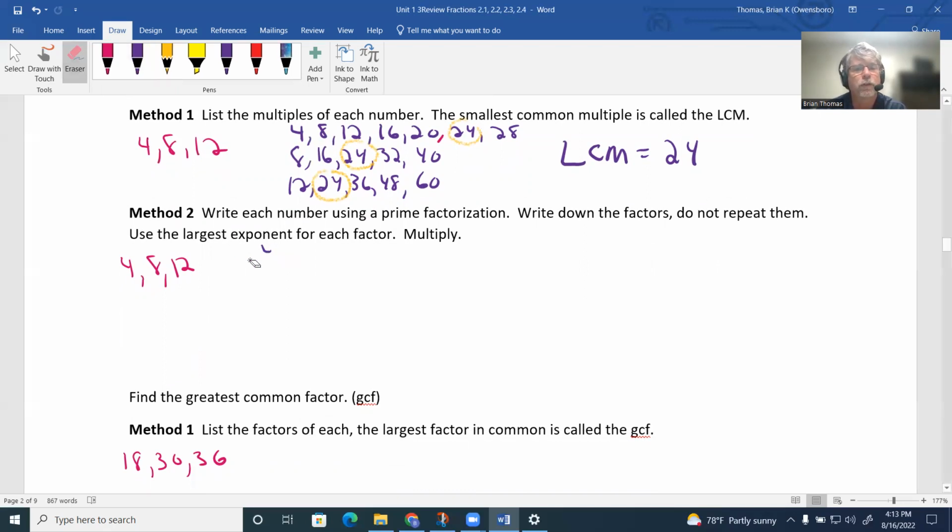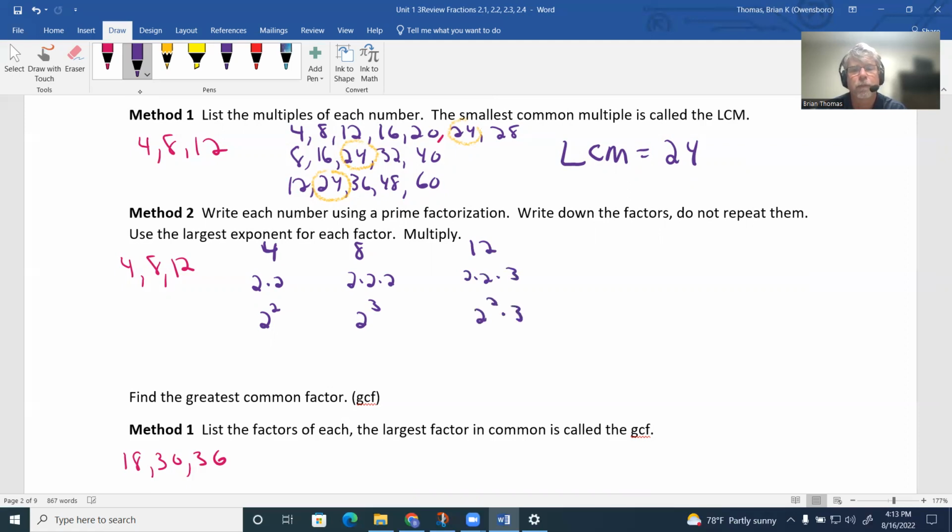So 4 would be the same thing as 2 times 2, or 2 squared. 8 would be like 2 times 4, or 2 times 2 times 2, so that's going to be 2 to the third power. And then we have this 12. Well, that's going to be like 4 times 3, which is 2 times 2 times 3, using prime numbers. That's going to be 2 squared times 3.